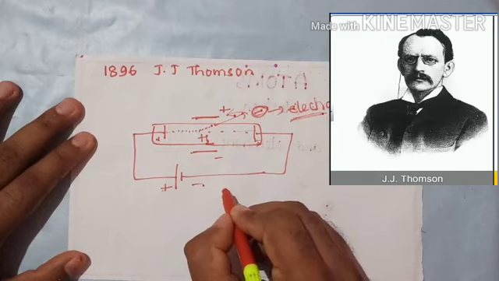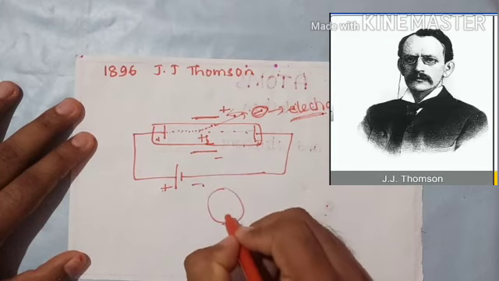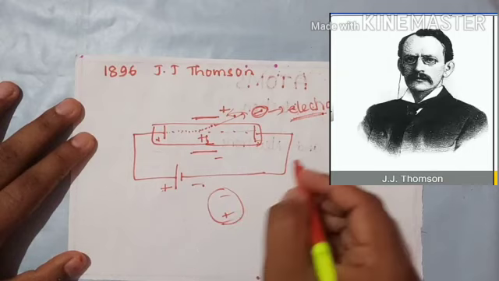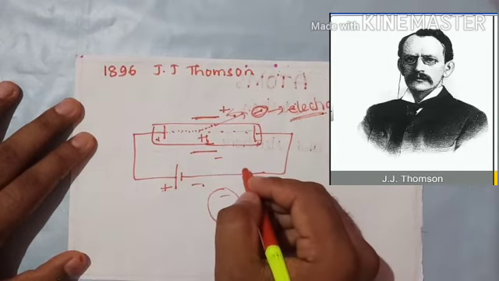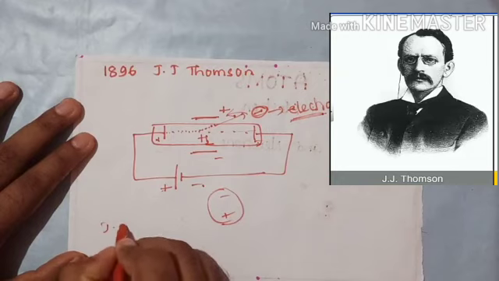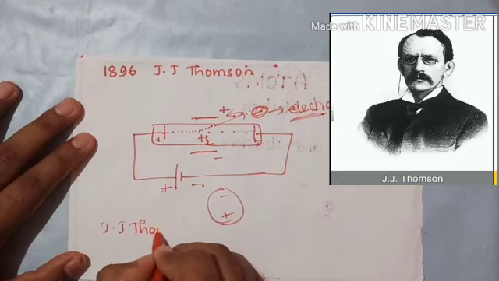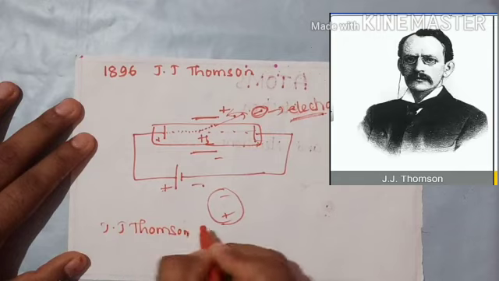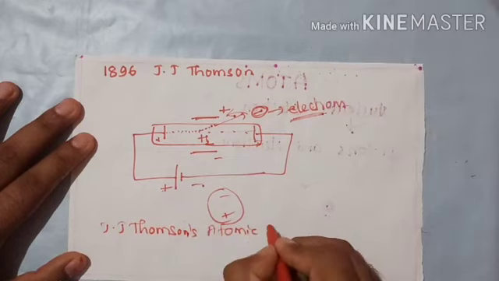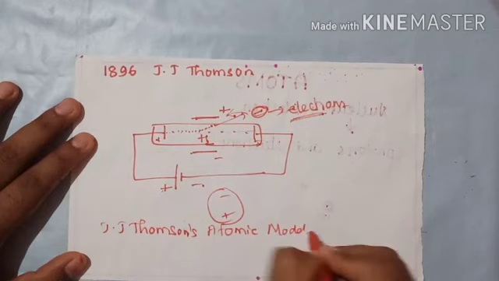So the atom is a mixture of positive charge and negative charge. From this observation, he gave one model. That model is called J.J. Thomson's atomic model.